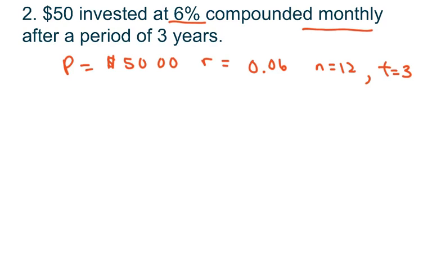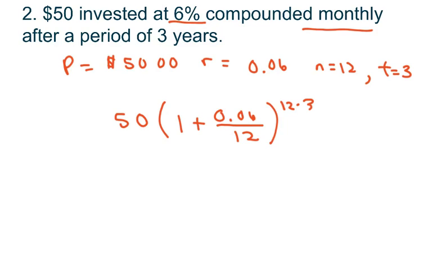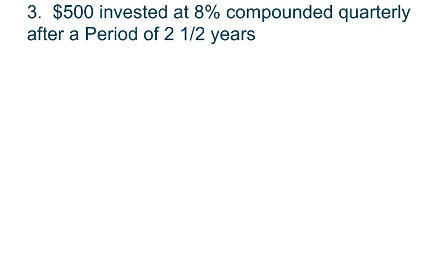So we have 50 times 1 plus 0.06 over your N, and then you take 12 times 3. Let's just do it that way. And you get approximately 609.50.